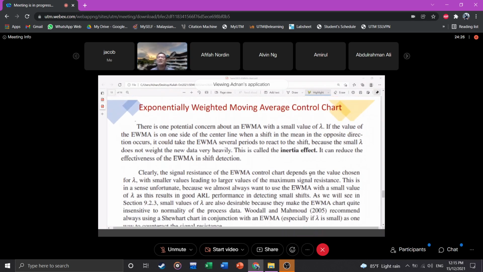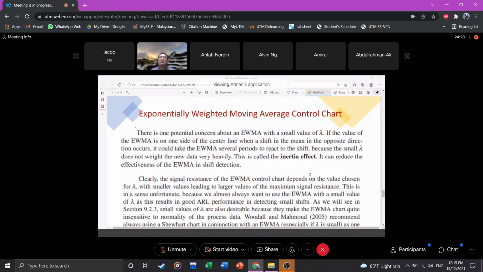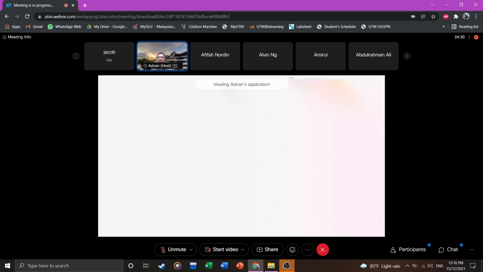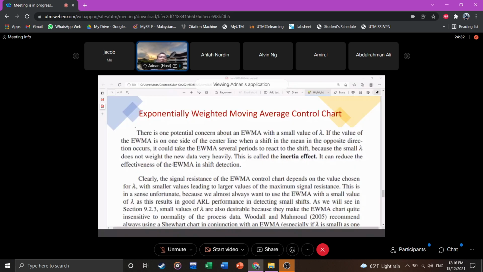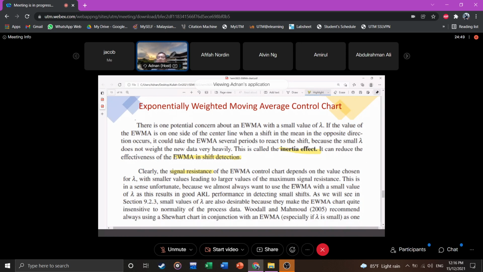There are also some disadvantages of using this, especially what we call the initial effect, which reduces the effectiveness of EWMA in shift detection. At the beginning, there might be some disadvantage of using EWMA because of the initial effect.